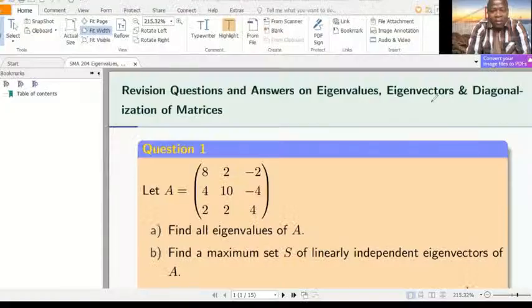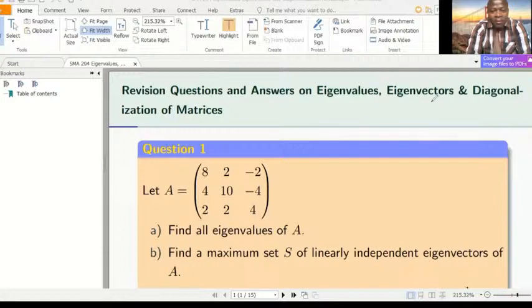Of course, by now, you already know how to find eigenvalues of a matrix and their corresponding eigenvectors, and you also know how to diagonalize a matrix. So today we just want to do more questions so that you get to know how to answer questions from these three concepts.